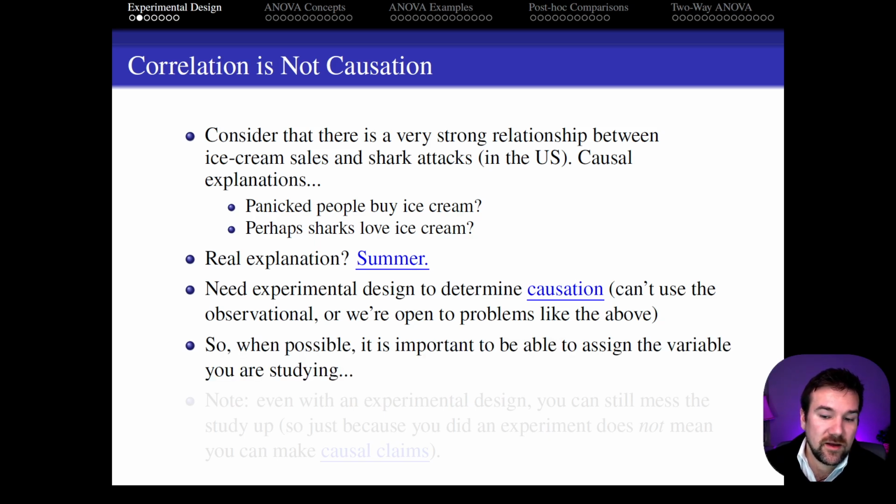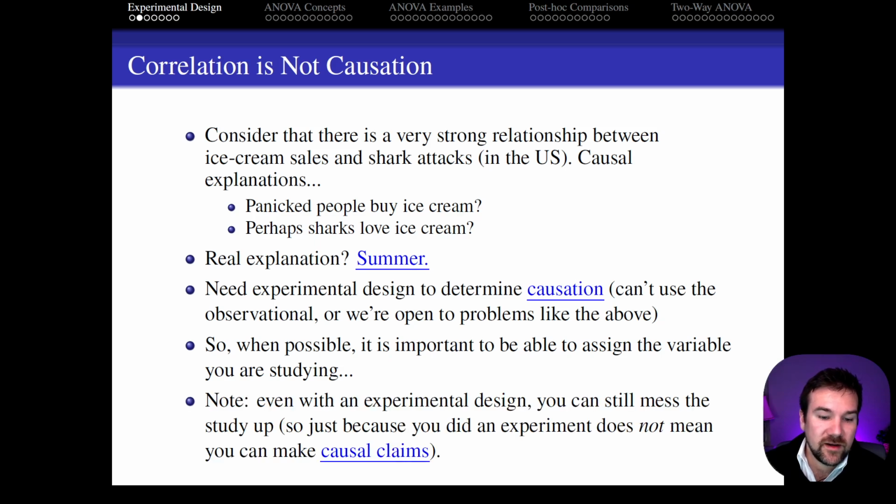Now, I'll mention, even when you have an experimental design, you can still mess it up. It's not that once you use an experimental design, now you get to make causal claims. So for instance, let's say I'm looking at marketing method A and marketing method B. I give out the marketing, let's say it's 2 flyers.